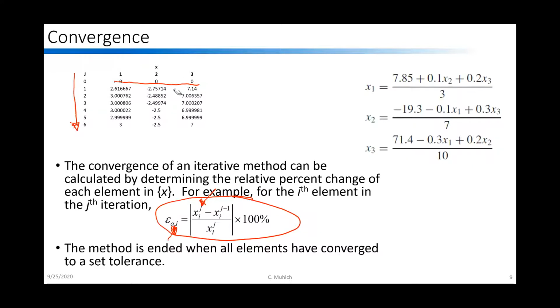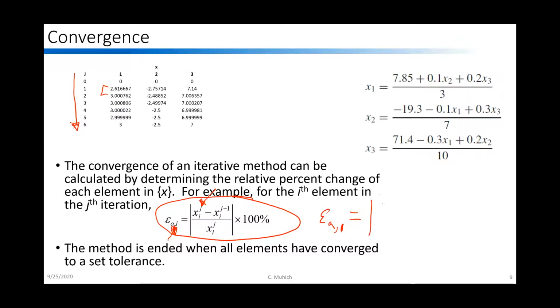So I can go in and calculate my approximate error for each x. Let's write out the approximate error for x1 in moving from step 2 to 3.